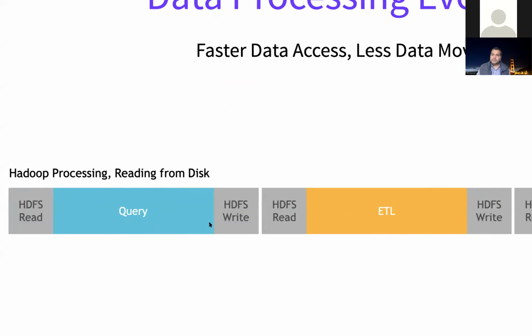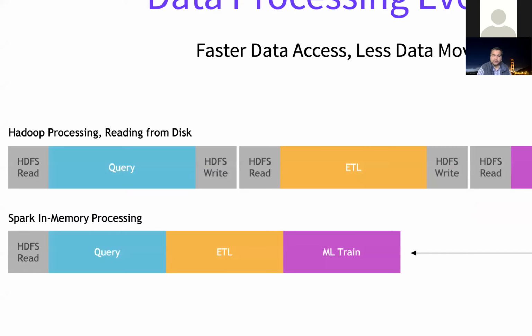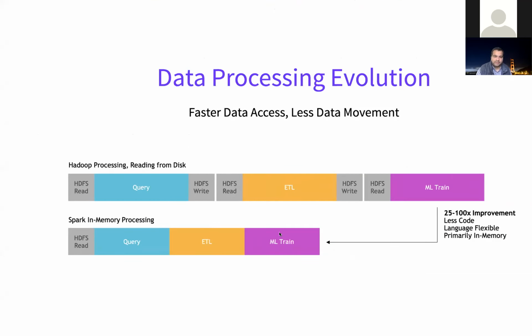You had to do it over and over again, and this was a huge bottleneck about 10 years ago. Then came in Spark in-memory processing, where everything was done inside memory. So you only have to read it once, and everything else is done inside the memory. You have query, ETL, and ML training with fairly less code and a good amount of flexible language.